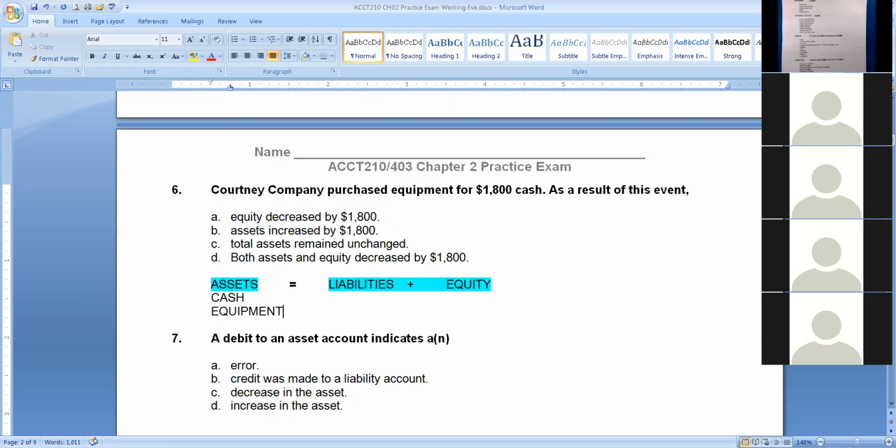Cash going up or down? Down. Good. Equipment going up or down? Going up. All right. So which one? Yep. Perfect.